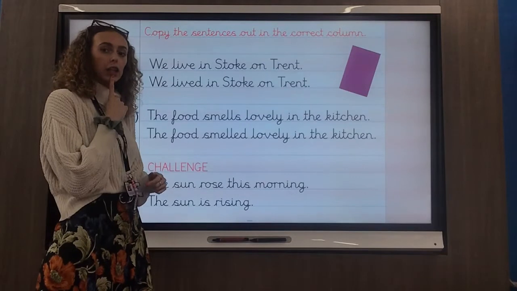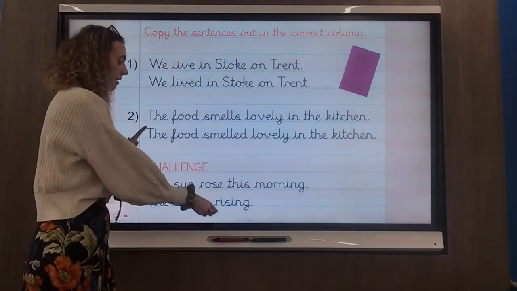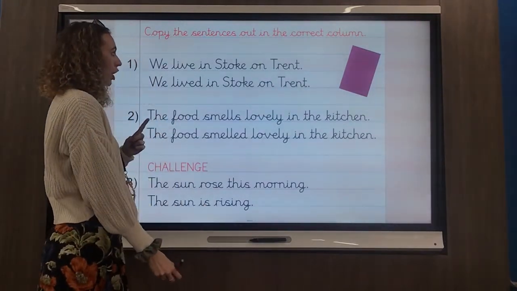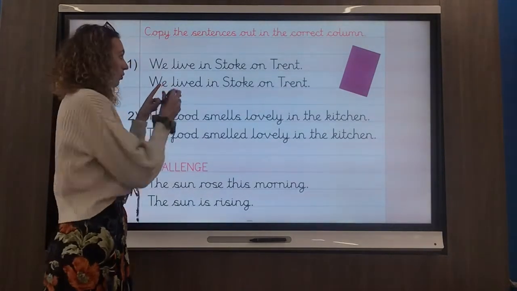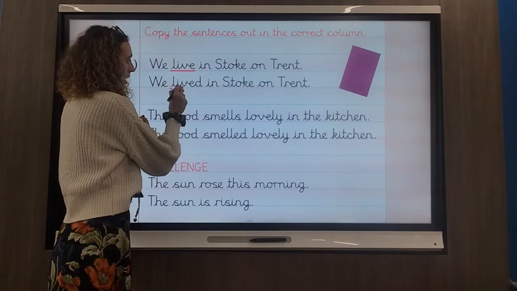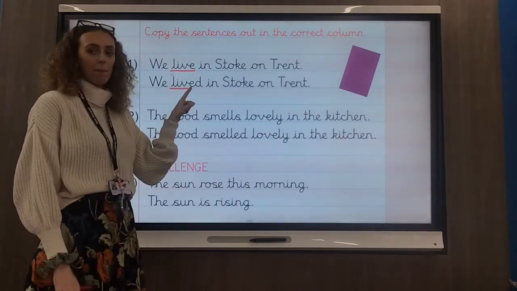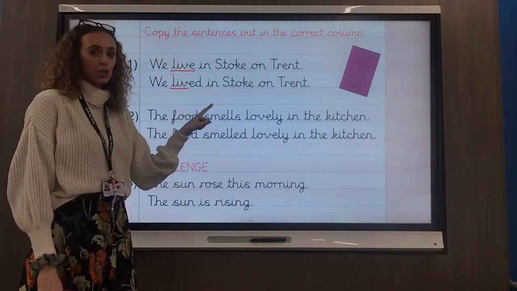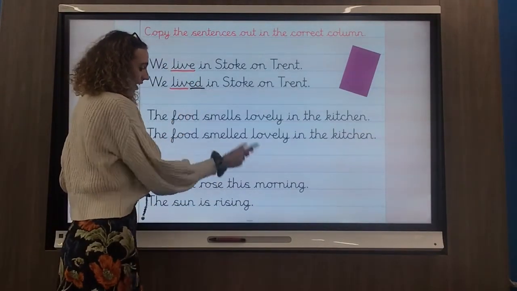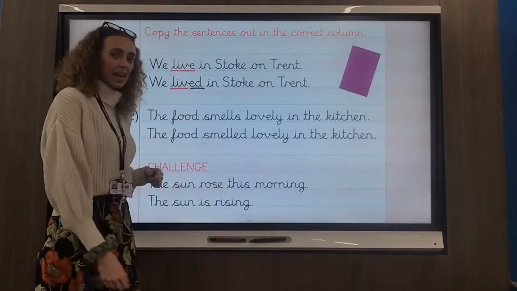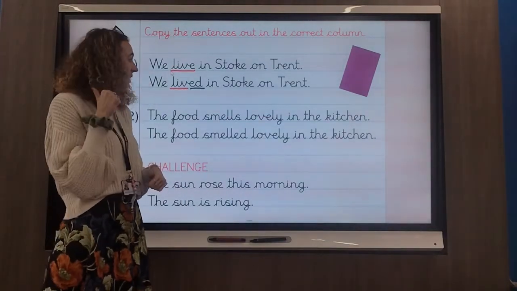What clues did I look for? I looked for my verbs, so let's find our verbs. It's the doing word. Now living is doing something, so I found my verb. But what's so special about my verb here? I wonder who has noticed what's on the end of my verb. It's my ED. So what does that tell me? It's in the past tense.